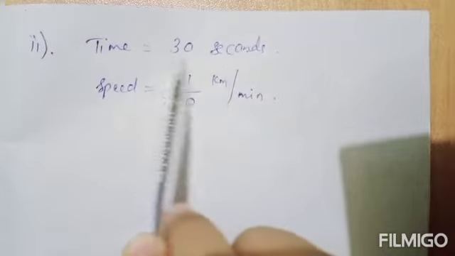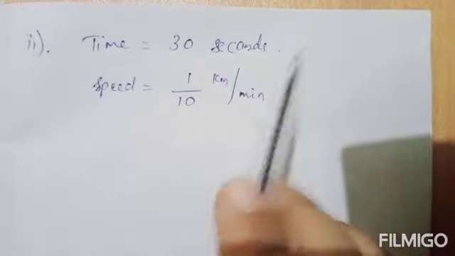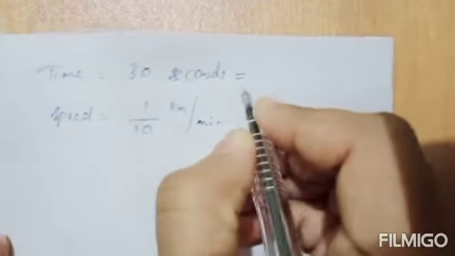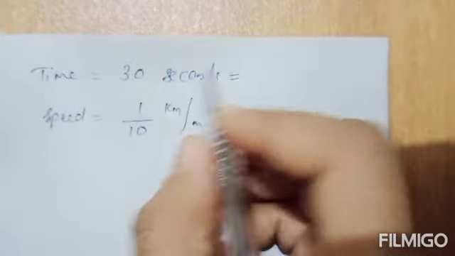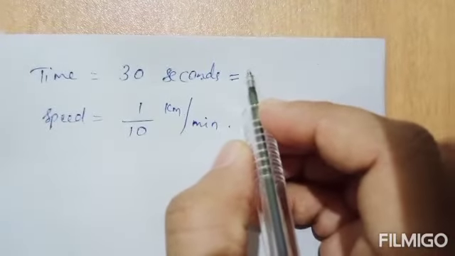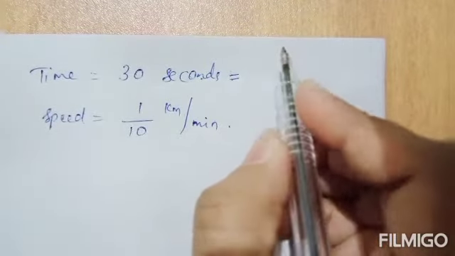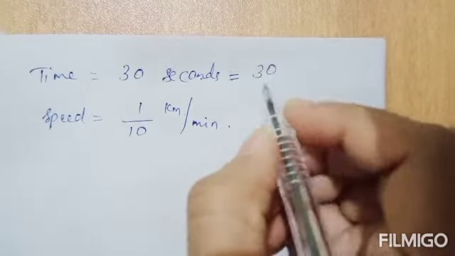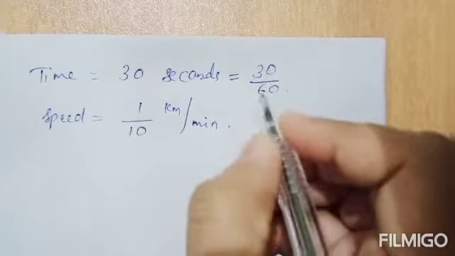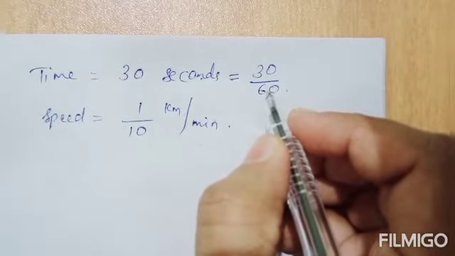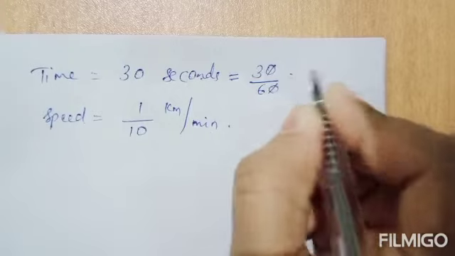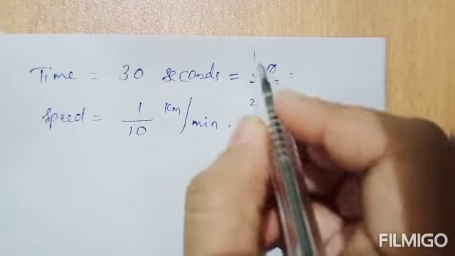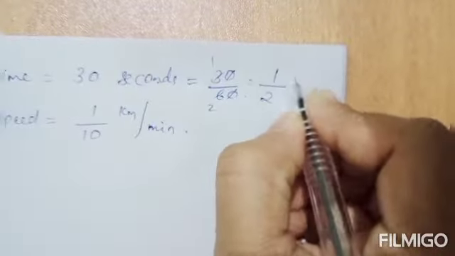So let's convert the seconds to minutes, that will be easy. To convert seconds to minutes, just divide by 60. You will get 30 by 60. You can reduce this: 30 goes in 60 twice, and you will get 1 by 2 minutes.